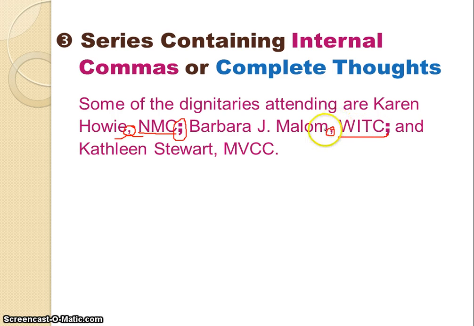So we have internal commas, so we use semicolons to separate the series. And we have the same thing here. This sentence contains internal commas, so instead of using a comma to separate the series of people, we use semicolons.